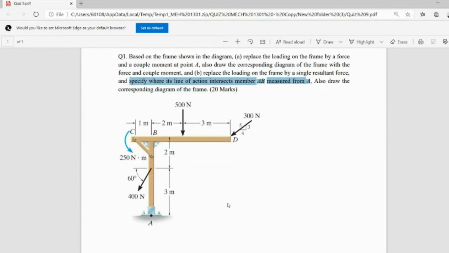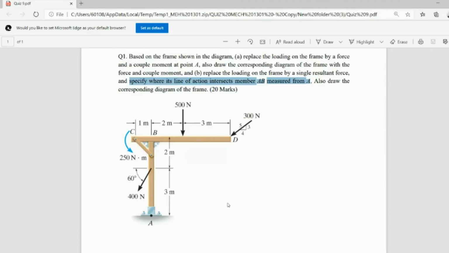You already calculated the couple moment about point A. So you just use that moment to calculate the distance, because you already have the resultant force and you know the moment about point A. So where should that force be to give the same moment?